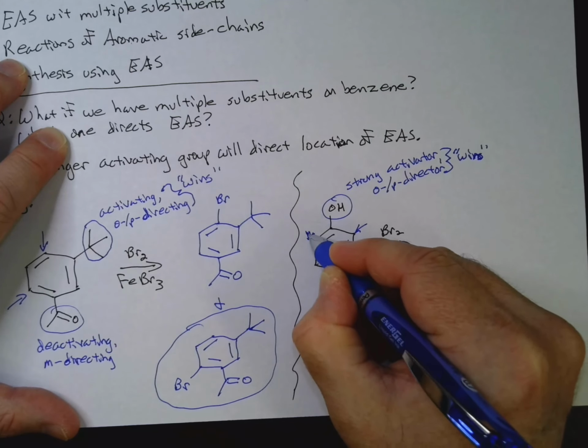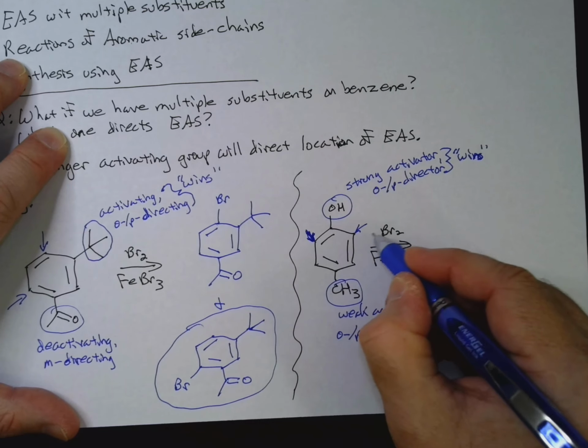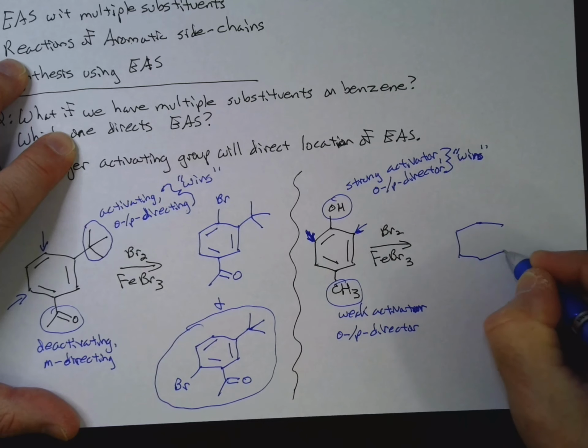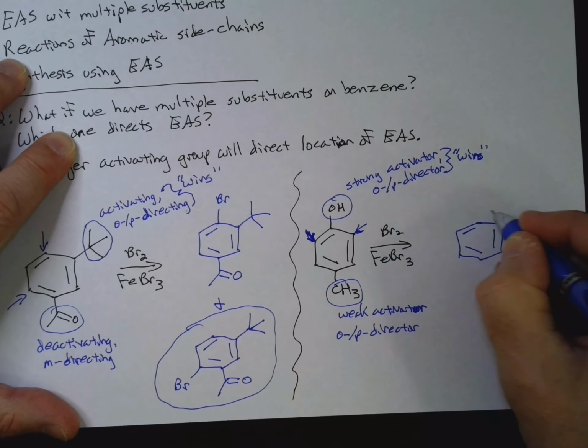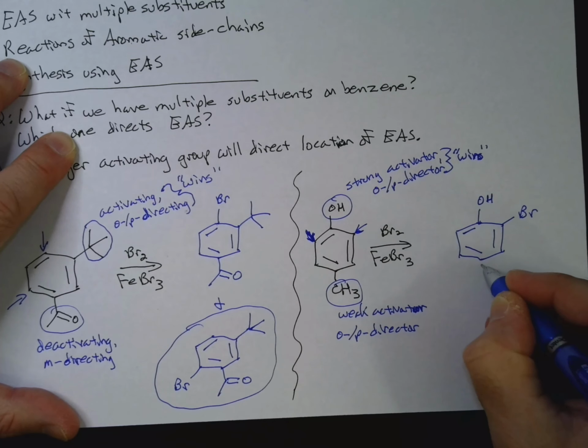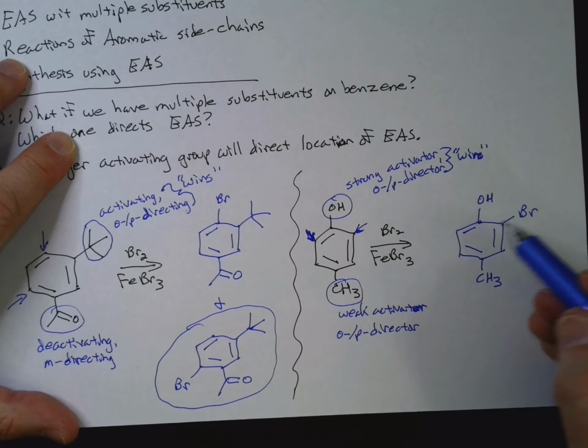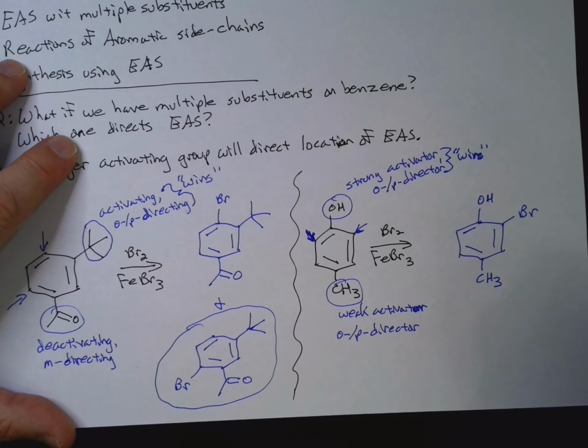Para already has a substituent on it, so it's going to be one of the ortho positions here. And we will thus get something like that. It could go to the other side, but that's the same thing, just flipped over.